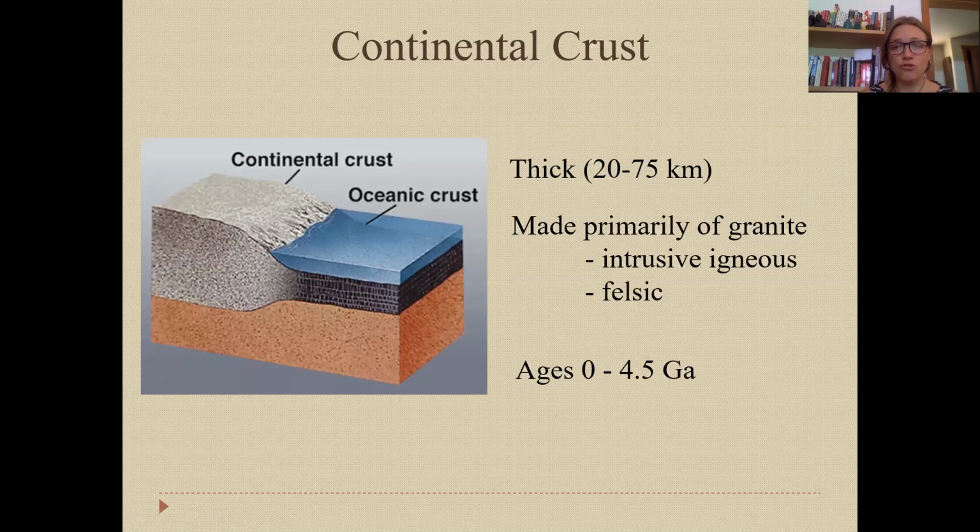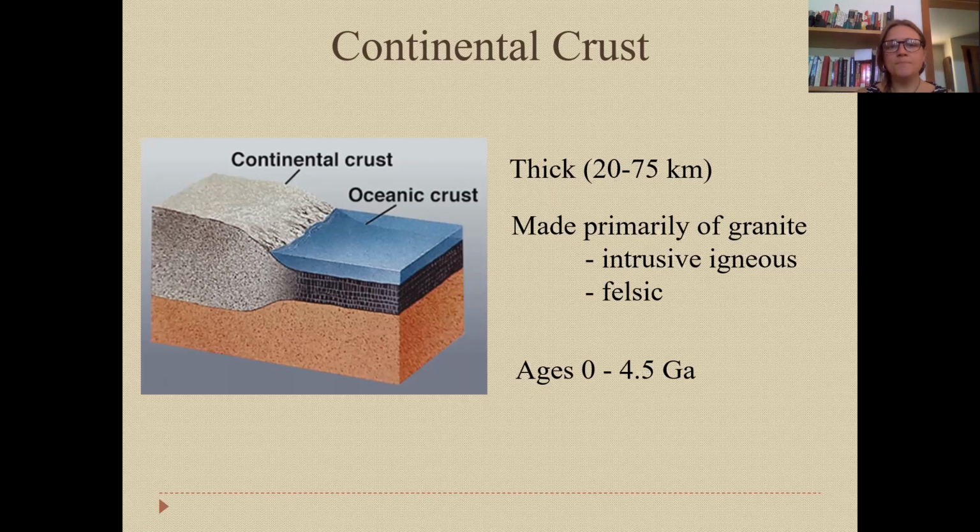It is an intrusive igneous rock, so it also forms from volcanic features, but intrusive means on the inside of the earth, so it cools down in magma chambers and never erupts onto the surface. And it is considered a felsic rock. These rocks are usually lighter in color and a lot lower in density.